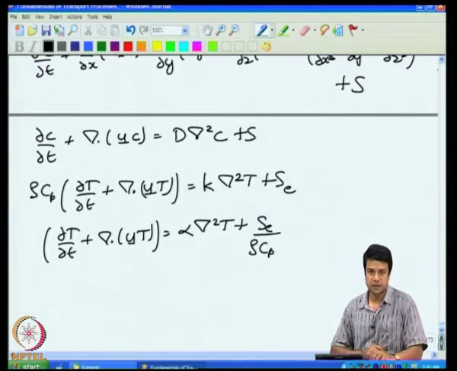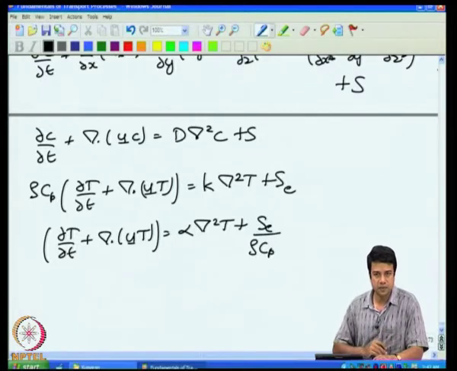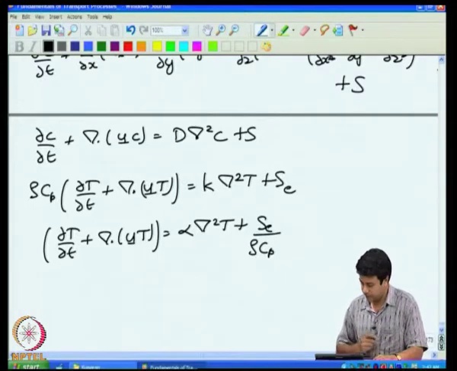How do you solve this? Okay. The solution procedure, as I said, is identical to what we had when we did unidirectional transport. Okay. There is not much difference between the solution procedures for this problem and the solution procedure for the unidirectional transport problem. Okay.